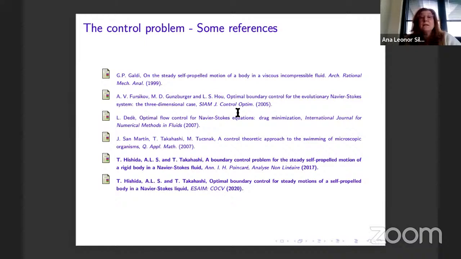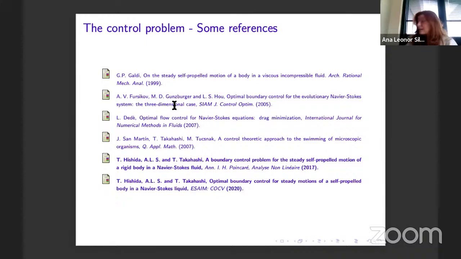There are other control problems associated with the classical Navier-Stokes equations. This work here by Fursikov, Gunzburger, and Hou is about optimal control for the time-dependent Navier-Stokes equations in the 3D case. That is also the case that we are considering here.